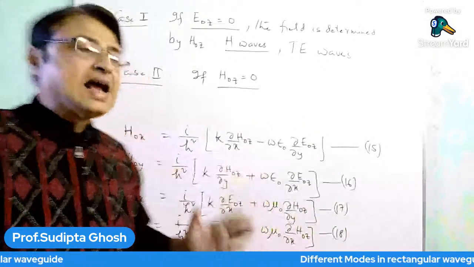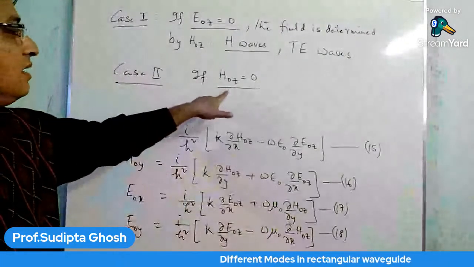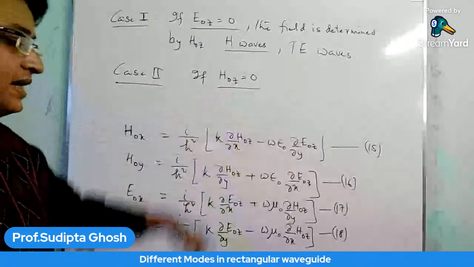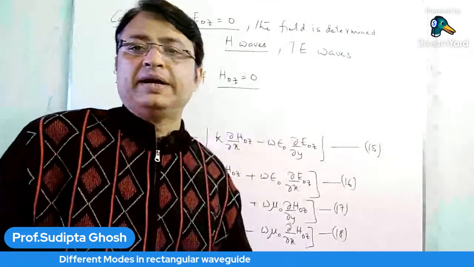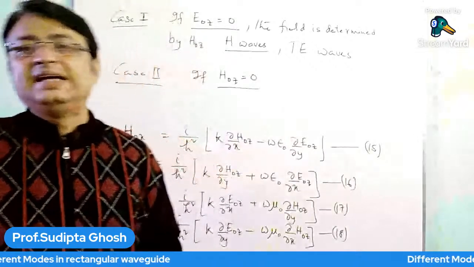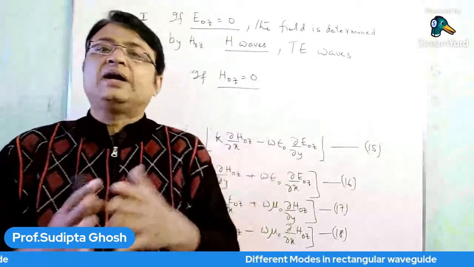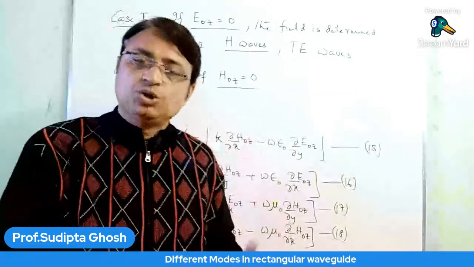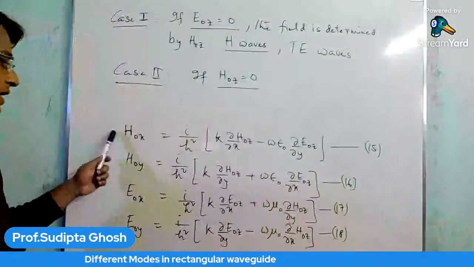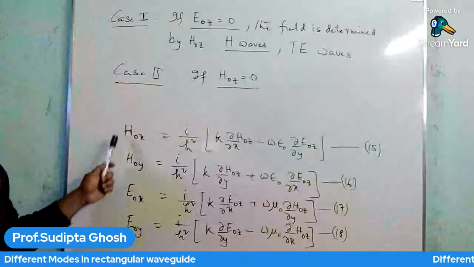And again, as the longitudinal component, that is HOZ, is 0, only the transverse magnetic components, that is HOX and HOY, are present.